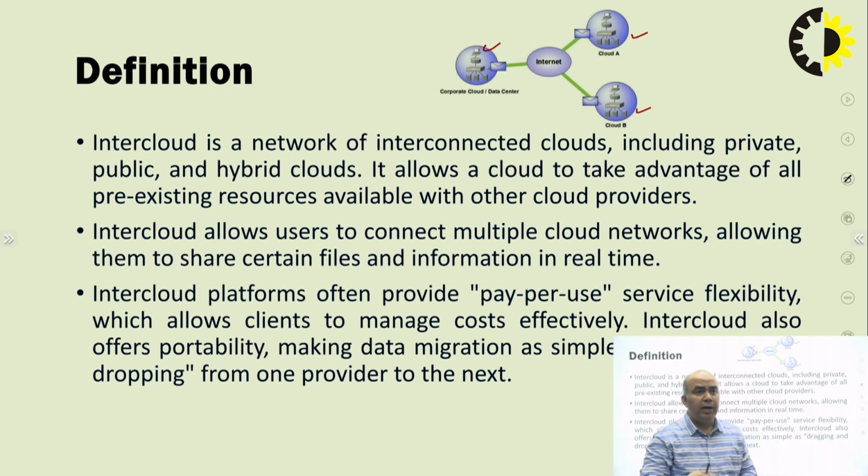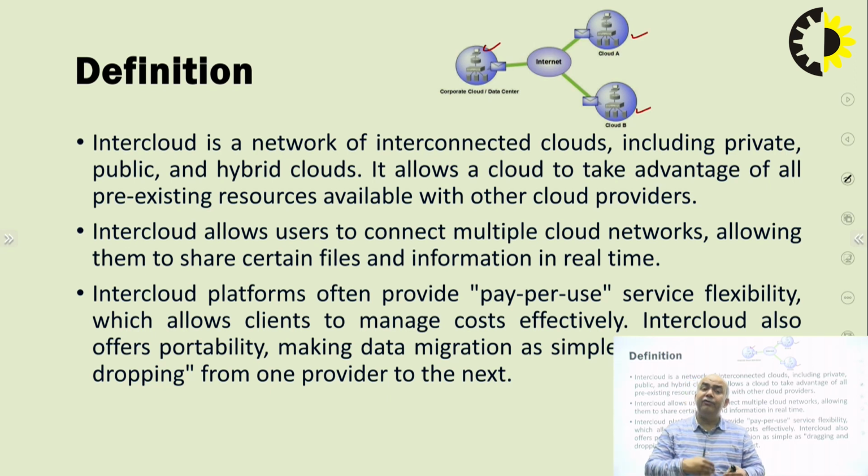Interclouds allow the user to connect to multiple cloud networks, allowing them to share certain files and information in real time. Let's suppose we are using private clouds and we want to protect our data. In this case, the company is using private clouds.